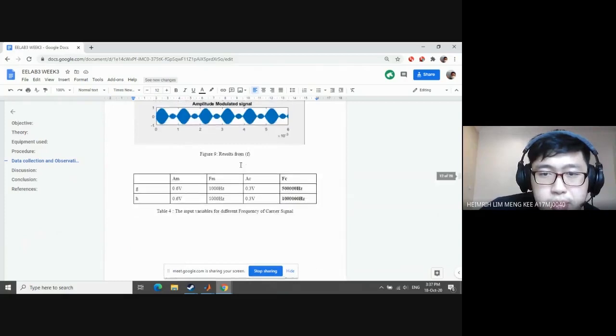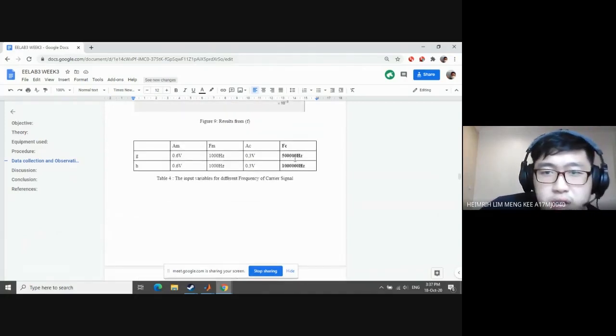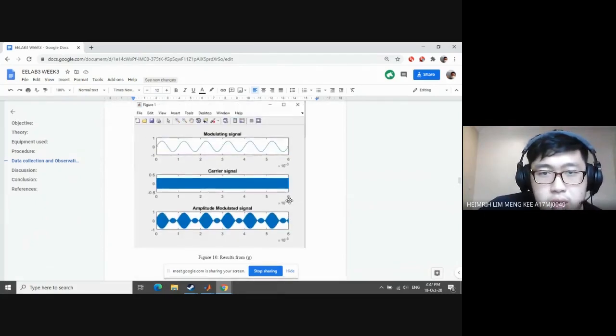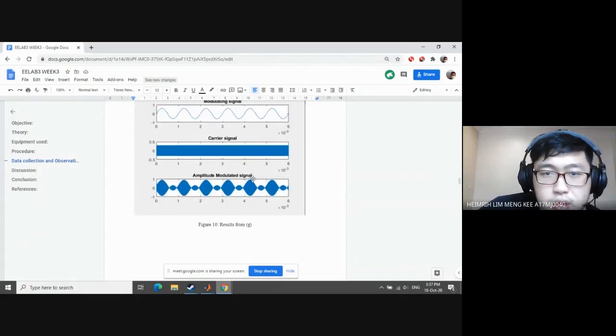Next, if we change the frequency of the carrier signal between 500,000 and 1 megahertz. So this is 500,000 hertz. This is the modulated signal, and this is a modulated signal.